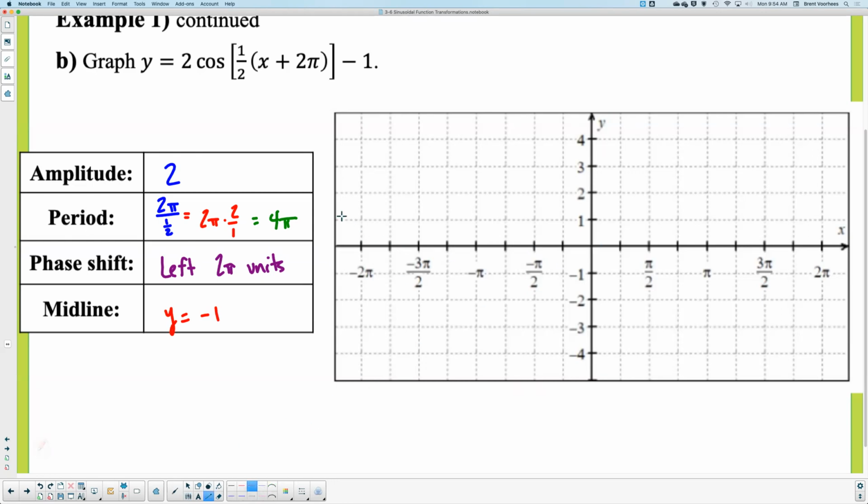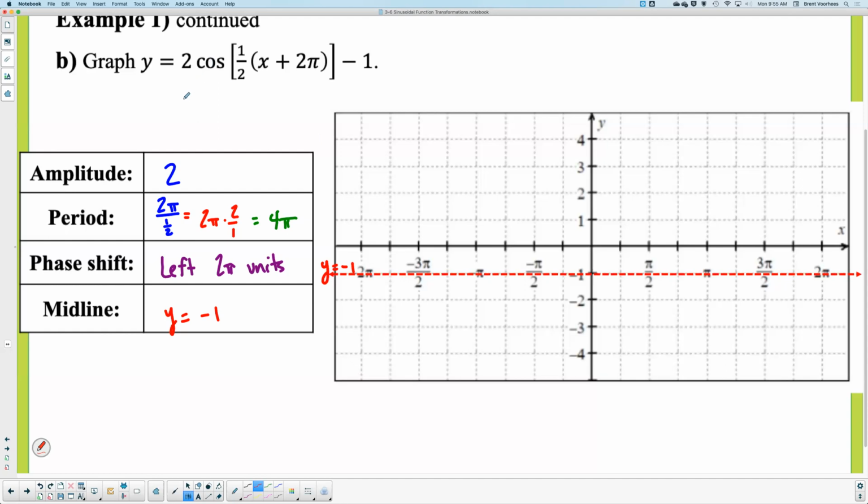Let's add that midline at -1 across. Goodness gracious, I wrote 1. Sorry, -1. There we go.